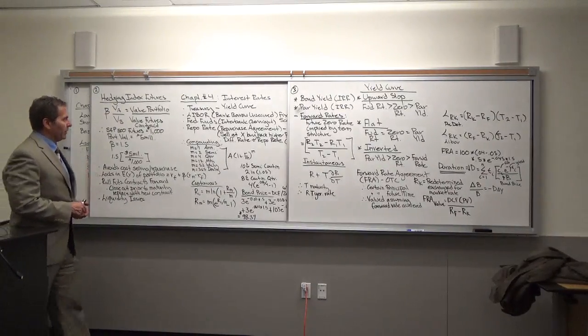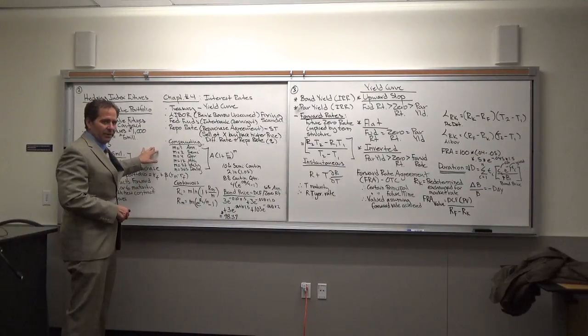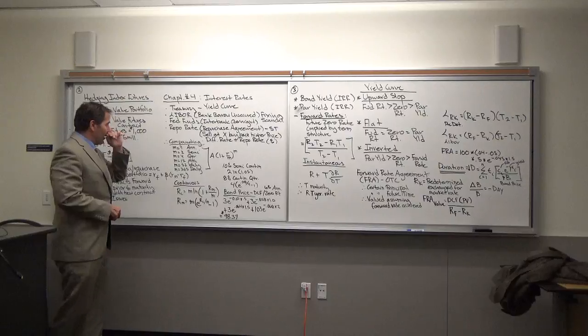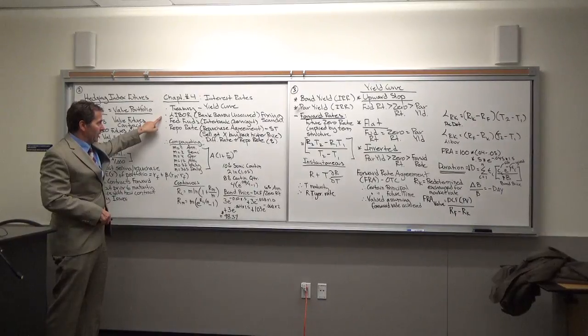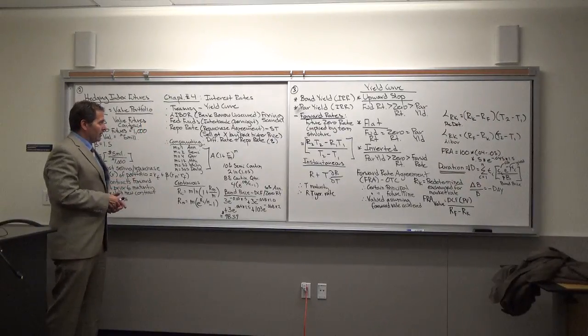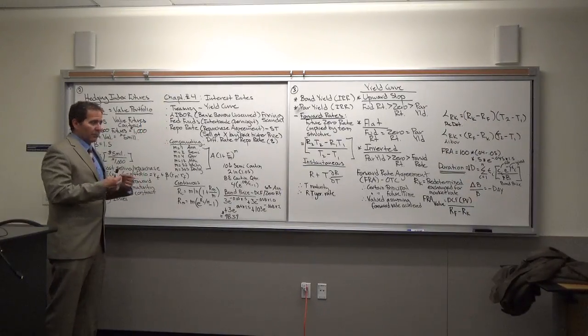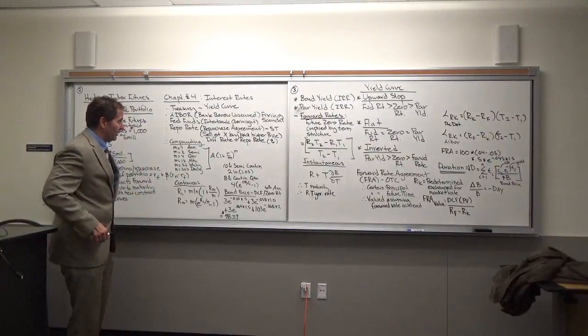In chapter 4, you look at interest rates, and there are different interest rates that you're going to use in the derivative contracts. You could use the Treasury yield curve. You could use the LIBOR rate out of London. And again, this is an interbank borrowing rate, unsecured.